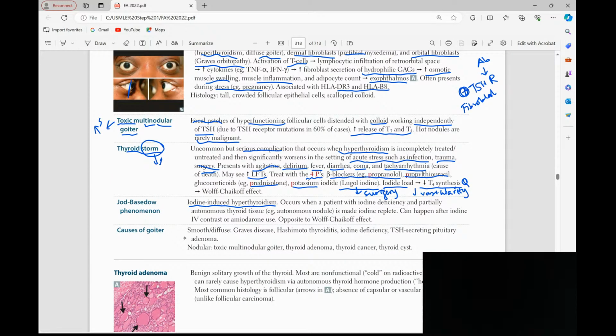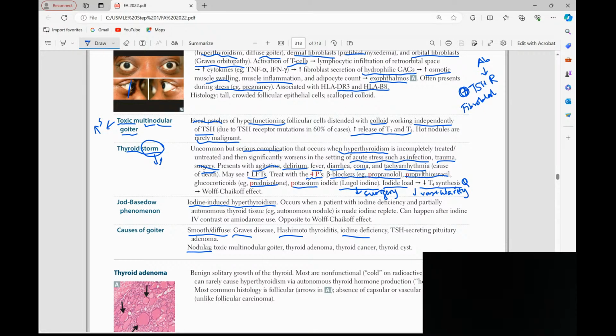And the causes of goiter: a patient comes to us, we palpate the thyroid gland, and we find that there is a smooth diffuse enlargement, or we can find that there is nodular enlargement. If it is smooth, then we will go with Graves, Hashimoto, iron deficiency, or any tumor.